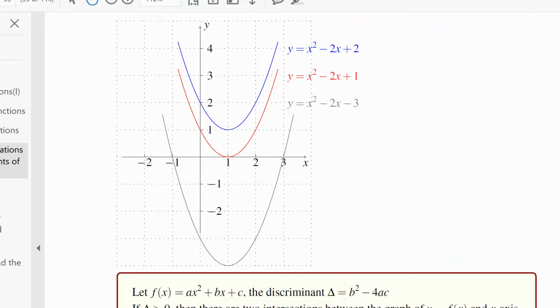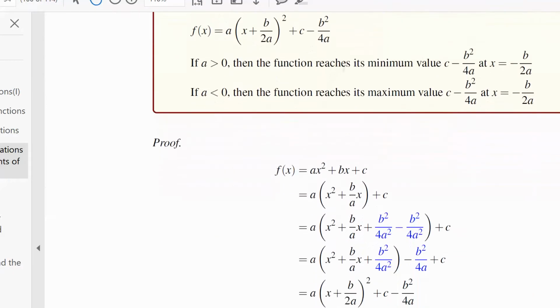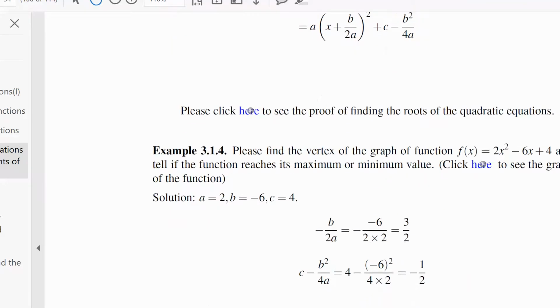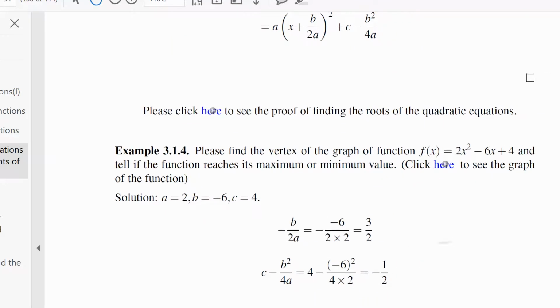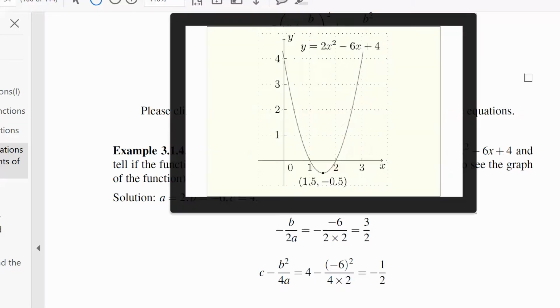Okay. If you look at the graph of the function, it will look like this. What you want to do is click this one. You'll get this graph. So you see x equals 3/2. That's 1.5, between 1 and 2.